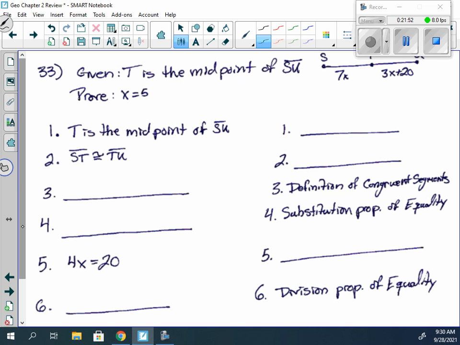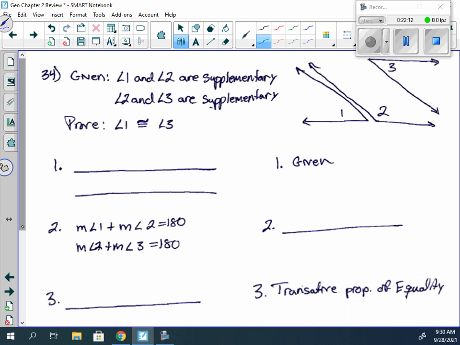Questions on 33? So any questions on anything so far? Any questions on 33, 34, 35, or 36? One of those in particular that y'all want to look at? Angle 1 and 2 are supplementary.